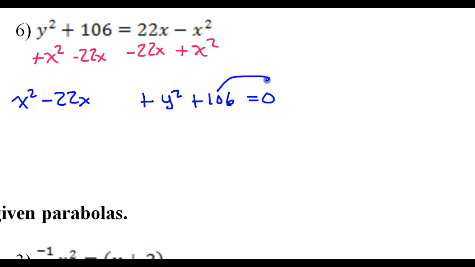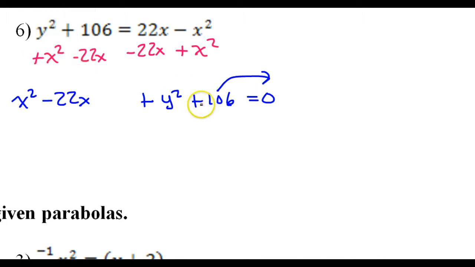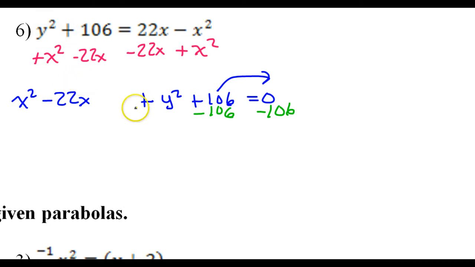Now we need to move the 106 over to the right, get that out of the way. So I am going to subtract 106 from both sides. So that's going to give me x squared minus 22x, leave a space, plus y squared is equal to negative 106.